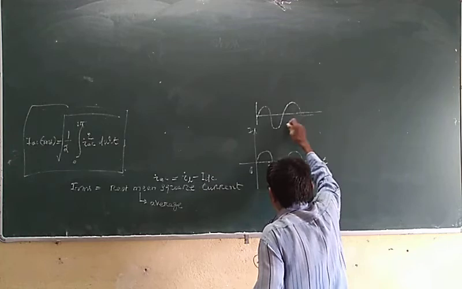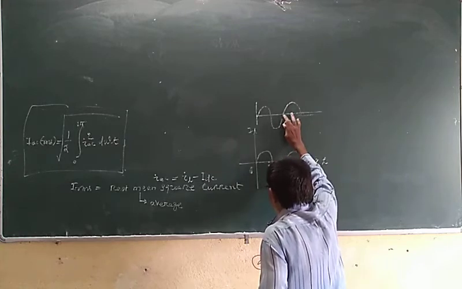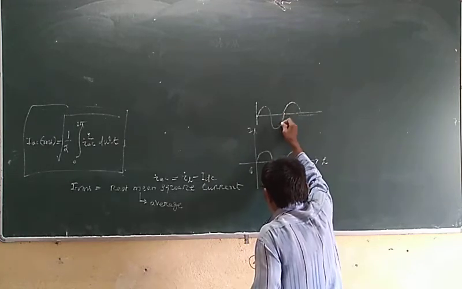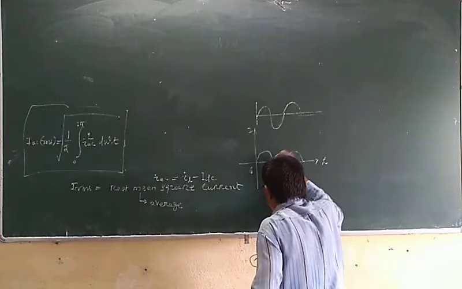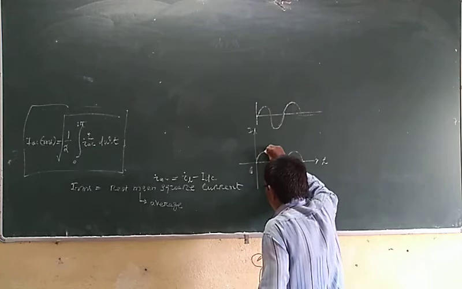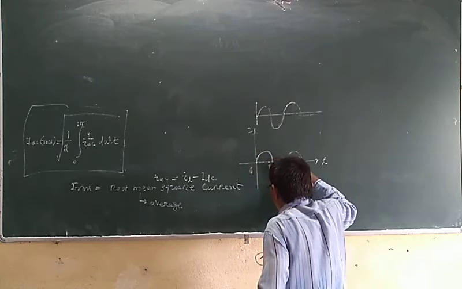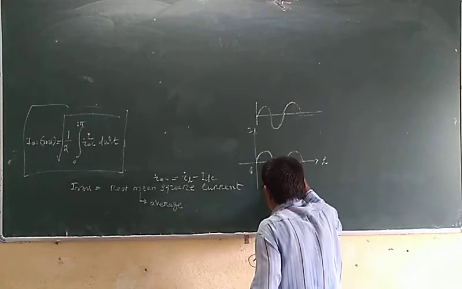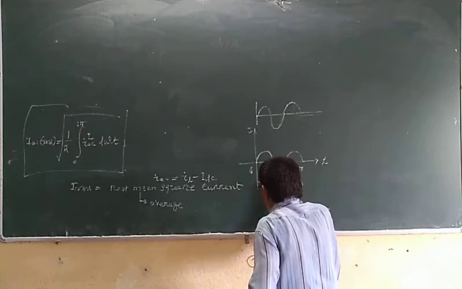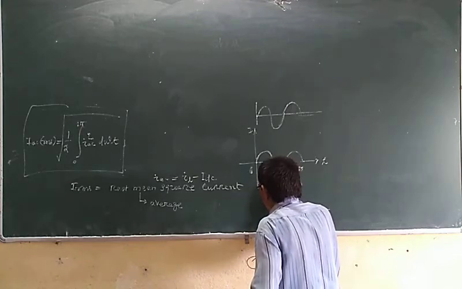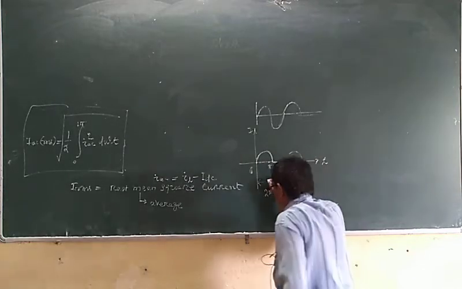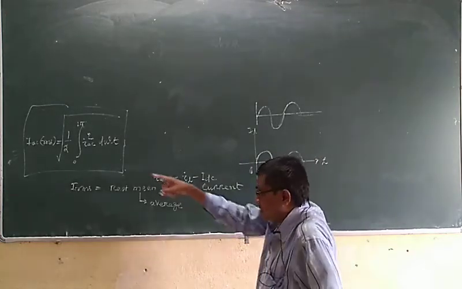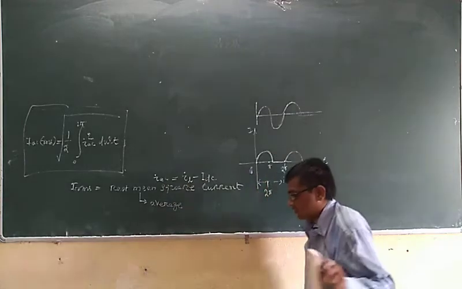In this way the negative half cycle is not conducted by the diode, and the complete cycle covers the time period of 2 pi. So now we calculate the I_AC RMS.